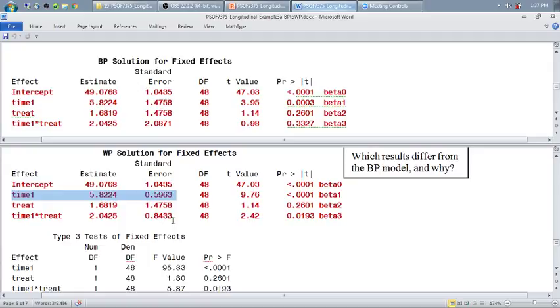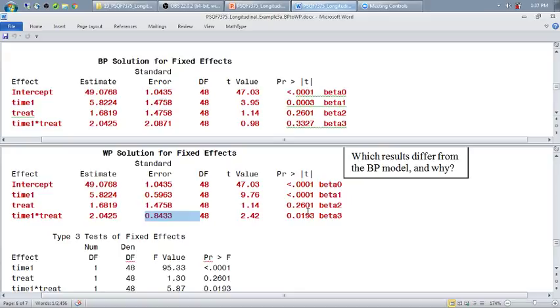So the same 4.4 error term was used to make this. So the 27 only gets used in testing treatment because that's the only thing here that's between persons. Time and time by treatment are both within-person longitudinal effects that should be tested only against residual error. And so that's why you end up with different t-values and p-values and inferences.